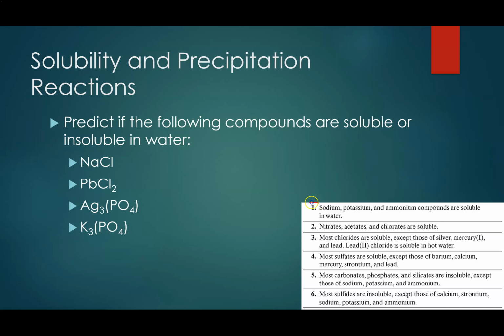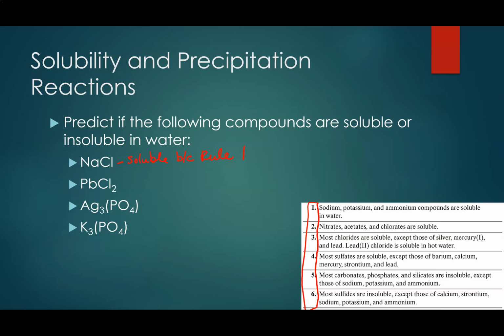And we're going to refer to these 6 rules as our reasons why. So for number 1, I'm going to predict that NaCl is soluble, and I'm going to predict that because of rule 1. Rule 1 says sodium, potassium, and ammonium compounds are soluble in water. No exceptions, no anything else to think about.